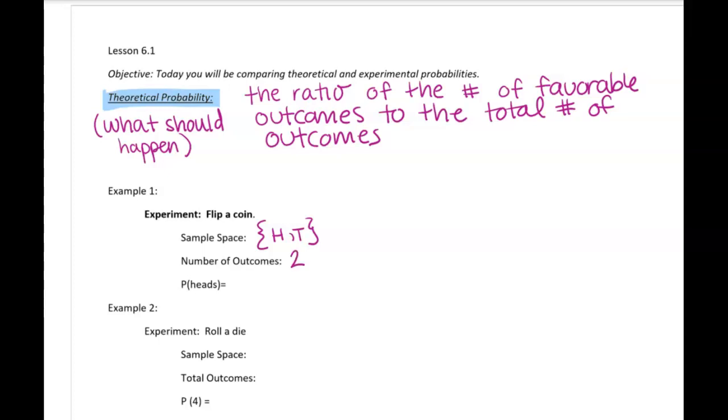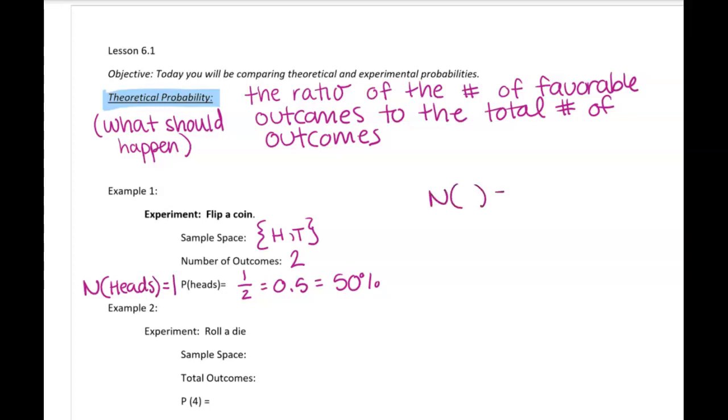And the probability of getting heads is 1/2, or 0.5, or 50%. Usually we'll do a fraction or a percentage, but it's not a big deal. If we were asked for the number of heads, the number of times you get heads, that would be 1.